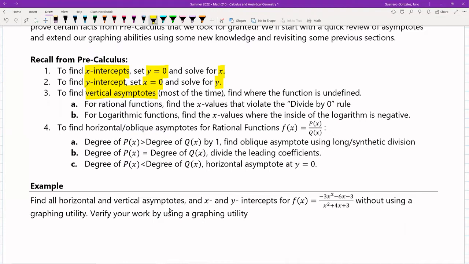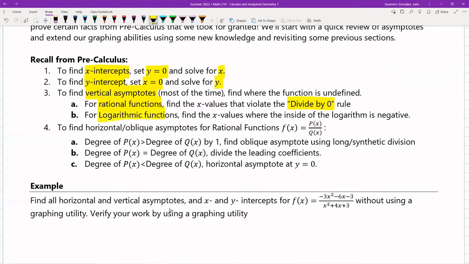The two big ones of note: if you had a rational function, so some polynomial divided by another polynomial, right? You found where the divide by 0 rule appeared in the problem. So you would find everything that would make you divide by 0, throw those out, right? Those values that you threw out were going to be your vertical asymptotes, right?